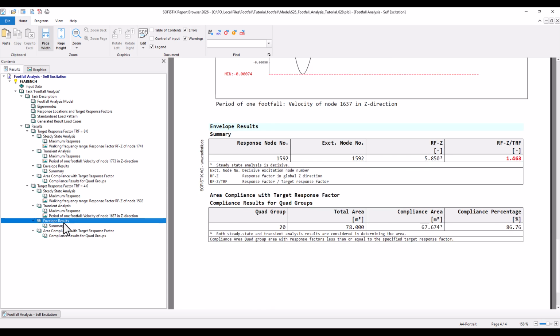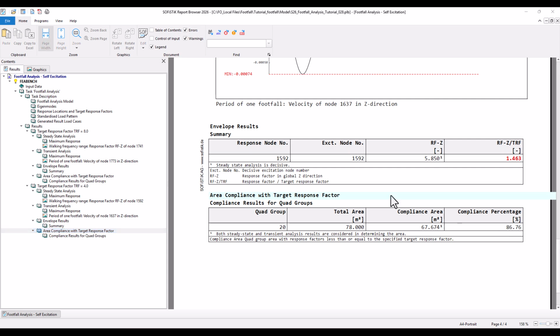However, the envelope results confirm that the steady state analysis governs and that the check has not been fulfilled. The area compliance table reveals that only 86% of the office area meets the acceptance criteria, with a response factor less than or equal to the limit value of 4.